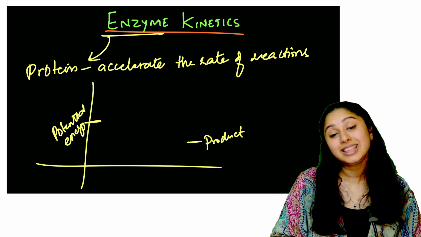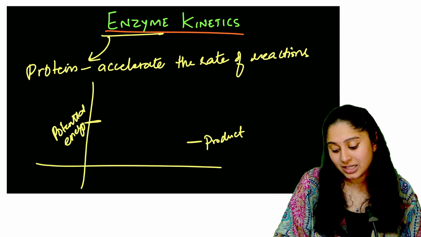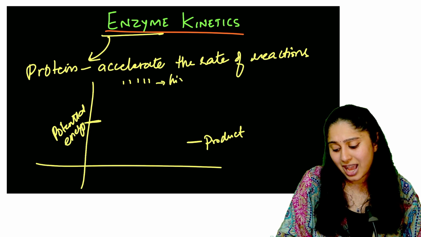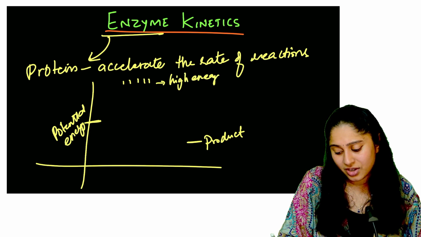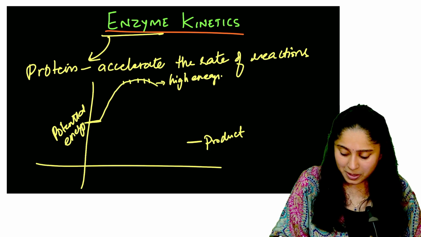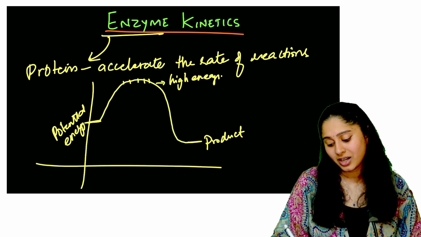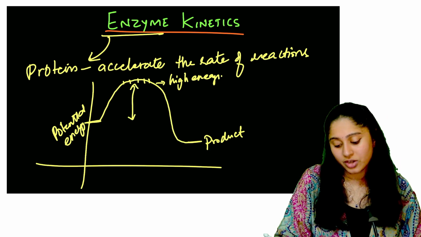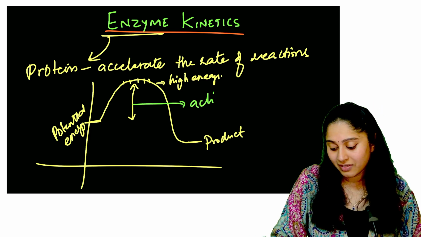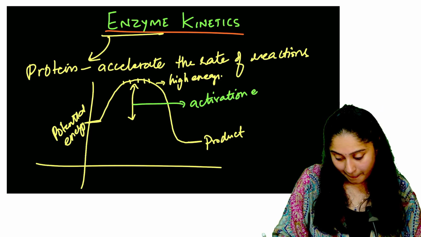But in the process, I need to meet some transition states that are at an extremely high energy level. Getting through all of these to reach my product requires a lot of energy, and this energy is what I call activation energy.